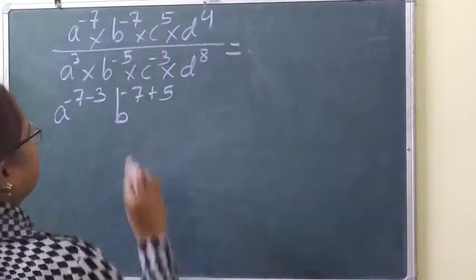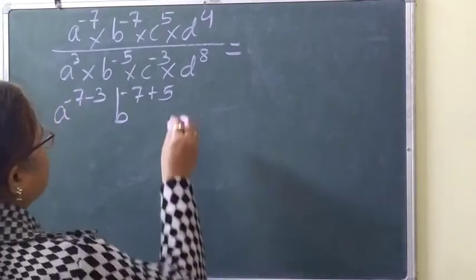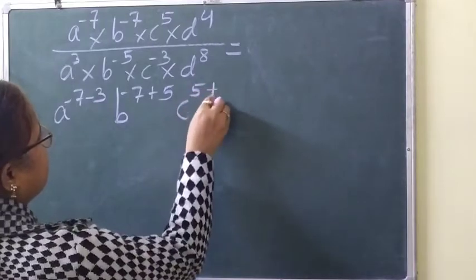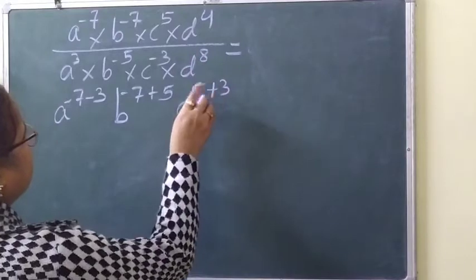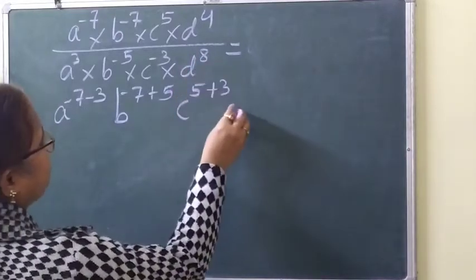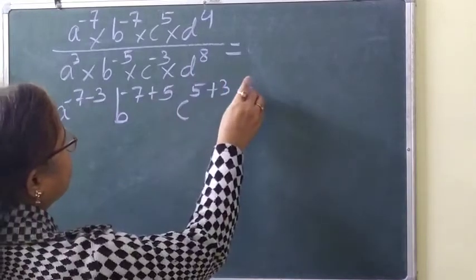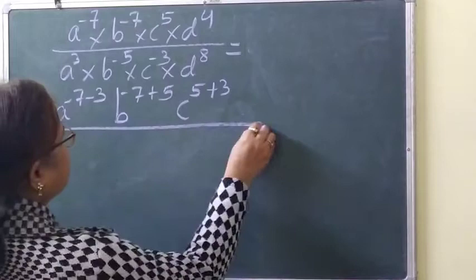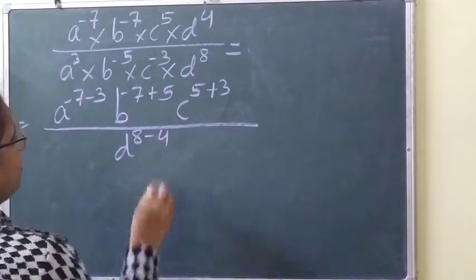Because when this comes here, the sign will change. Then c to the power 5 plus 3. And d, which one is greater? Clear? So d, as a denominator you write, because there is no problem, we can write as a denominator 8 minus 4.